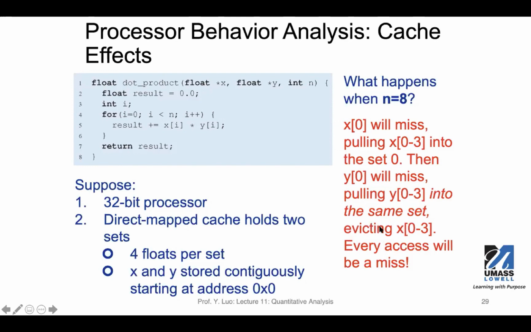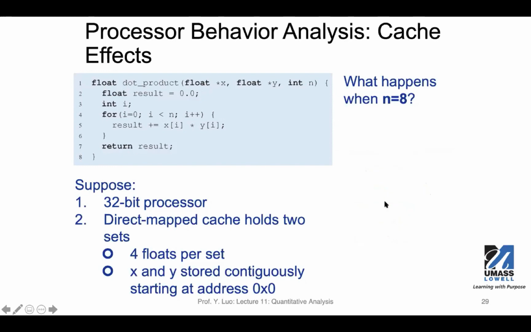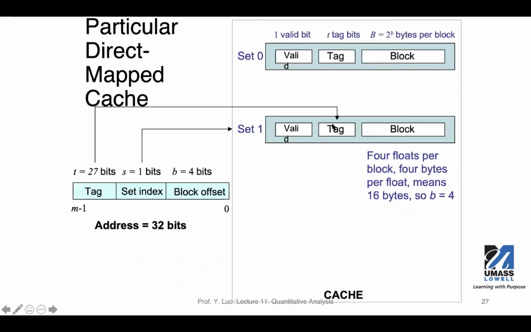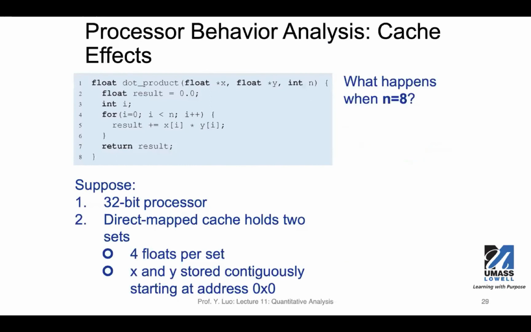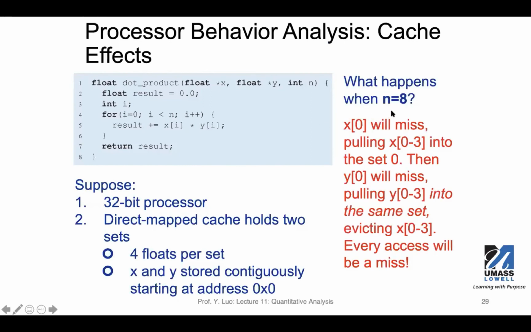Evicting means that the values of X will actually be overwritten using Y, and the tag bits will be updated using the address coming from Y. So when n is 8, or any number bigger than 2, it will cause the loading of Y0 to be a cache miss, and it will kick X0, 1, 2, 3 out of the cache.